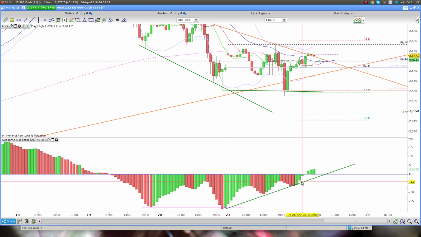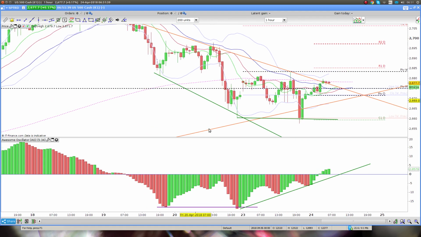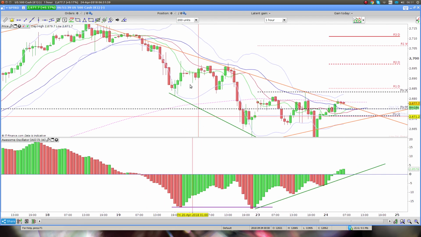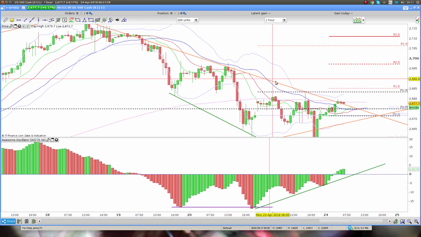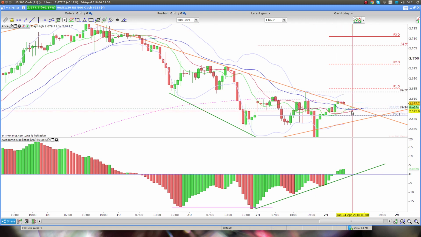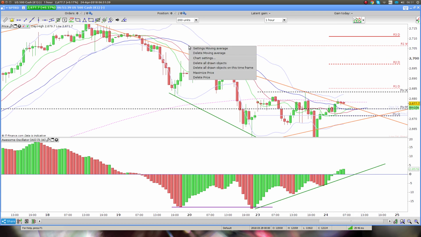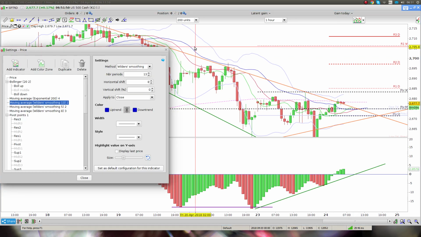Now, there's a few things that you need to look for here. And the key to this whole thing is the blue line of the alligator. Okay, so that is the longer term moving average. So that is our 13 moving average, and remember the other two are an 8 and a 5.